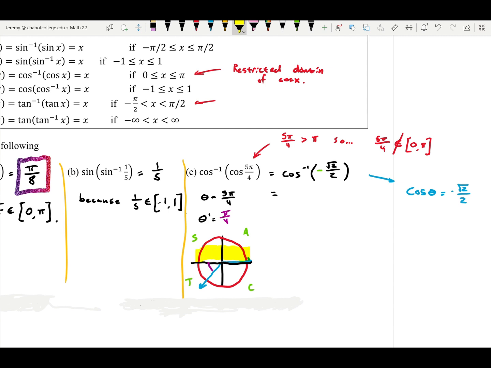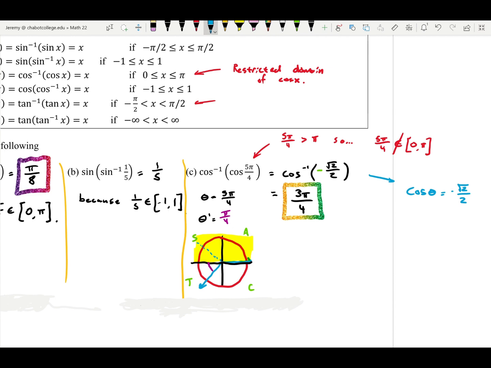So which angle in this region has a terminal point with an x-coordinate of negative root 2 over 2? That's going to be right here, and that angle is 3 pi over 4. And I will box that up.